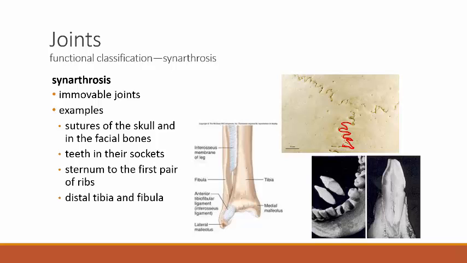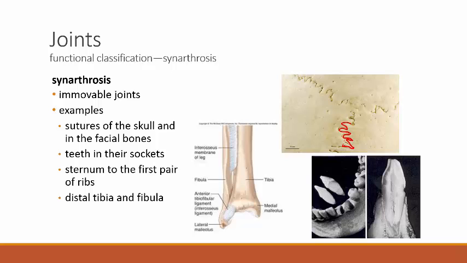A tooth fitting into its socket is a second example of one of these synarthroses. And then if we look at the sternum and how it connects to the first pair of ribs, not to the more inferior ribs, but that first pair of ribs is a synarthrosis.